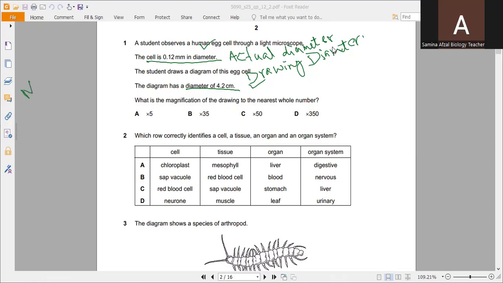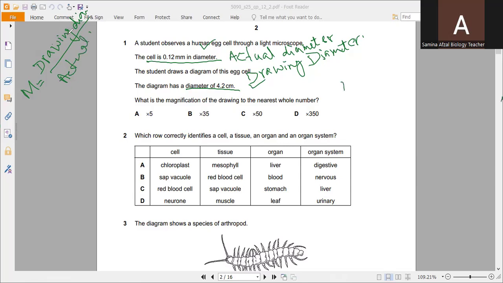So magnification M is equal to drawing diameter divided by actual.